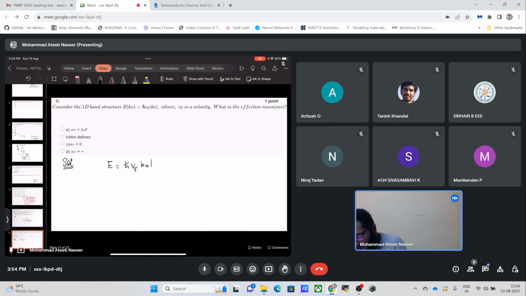We can clearly say that this will not be having a second derivative. So for this kind of material, the effective mass does not exist at kx equal to 0, and the effective mass is not defined.